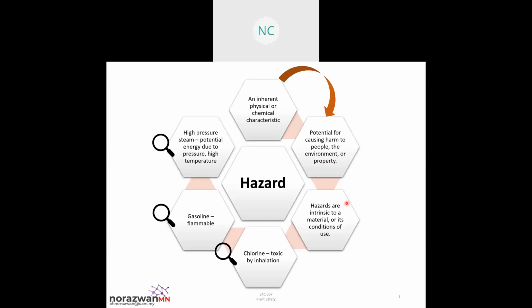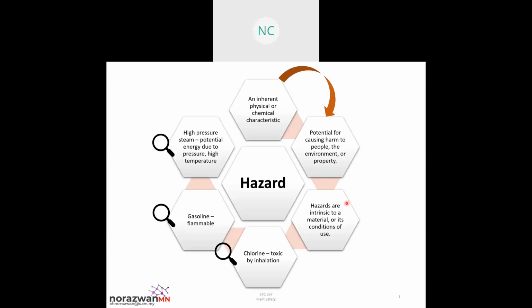So when you talk about ISD, it is actually trying to eliminate or reduce the hazard. As we know from our first class of process safety or plant safety, what is hazard?